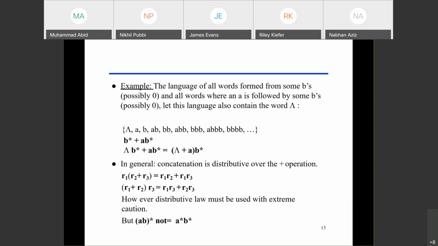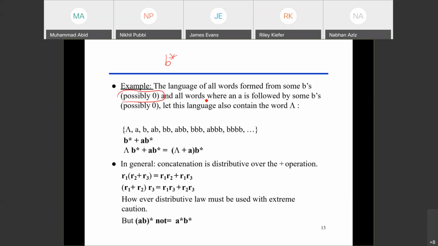All B's means B star. We can put B star or B plus, but it says possibly zero. Zero is only possible with star, not with plus. So we are thinking about star.